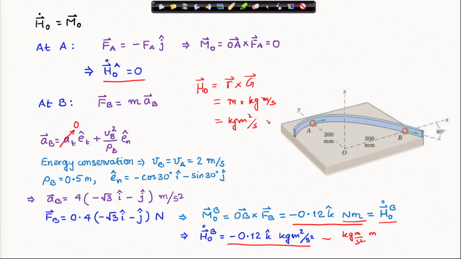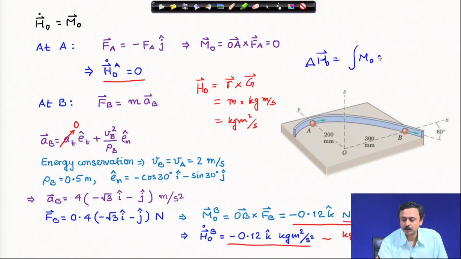And if you look at the impulse momentum form, which says that change of angular momentum is the integral of the moment about O, after I do that integration over time, this is the angular impulse momentum form.